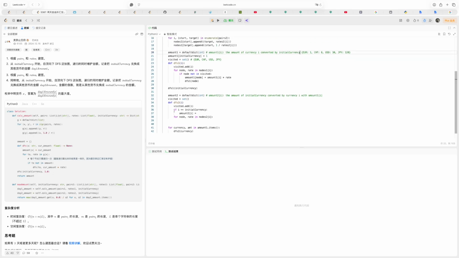Okay, so if we find the path to initial currency, we will have a current amount.